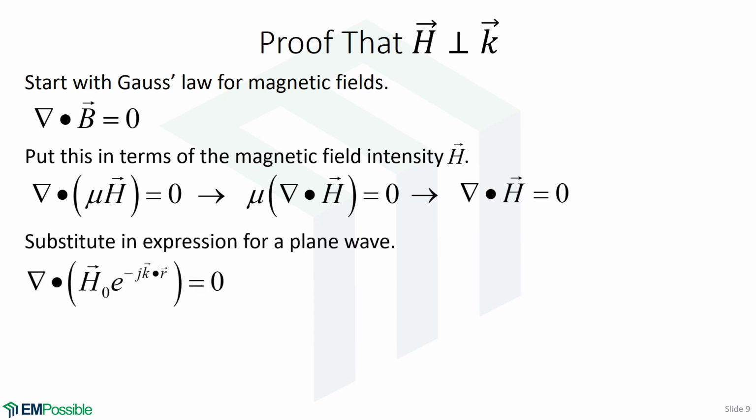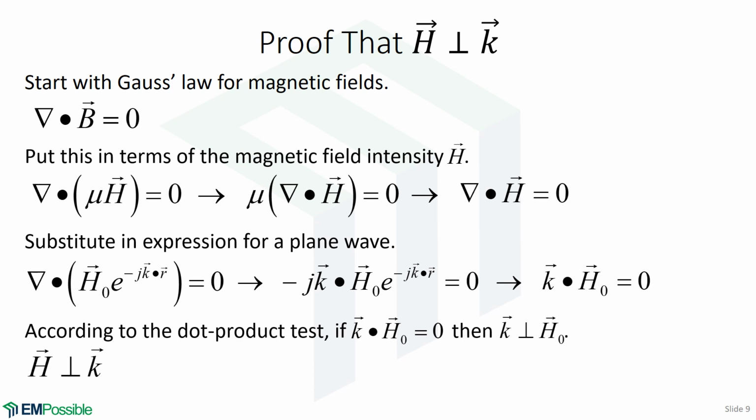We substitute in our expression for the magnetic field component of a wave. We take the divergence and the minus jk comes to the outside. Now we can drop all of the constants and we get k dot H equals 0.